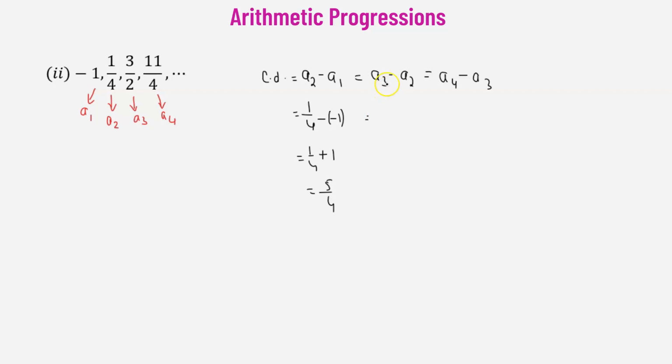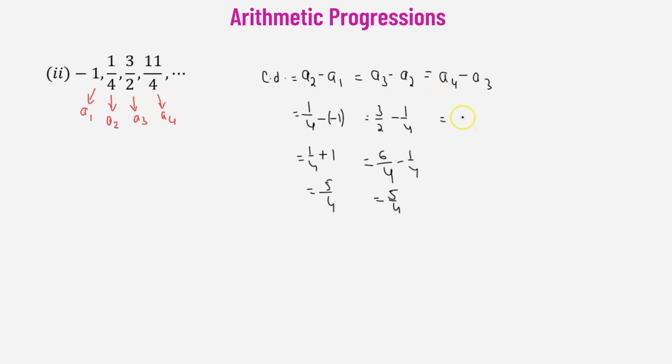So let's find the common difference A3 minus A2. Our A3 value is 3/2 minus 1/4. We'll make the denominator of the first term 4, so we multiply both numerator and denominator by 2. That means we have 6/4 minus 1/4. So this is also giving us the value 5/4. Fine. And finally A4 minus A3.